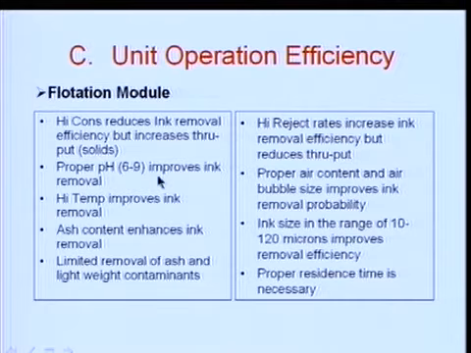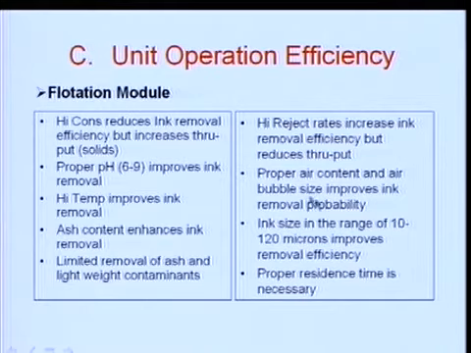Proper pH is a must to improve ink removal. High temperature improves ink removal. Ash content improves ink removal in flotation, and there is also limited removal of ash and lightweight contamination. If somebody says that you can take out a lot of ash and a lot of lightweight contamination like stickies in flotation, that's not true. It's only limited, because there's always chemistry involved in that.